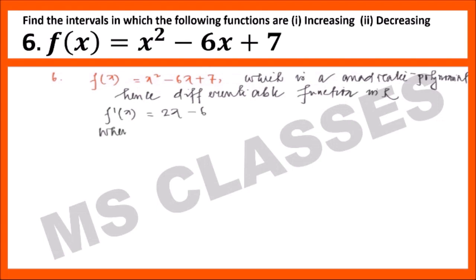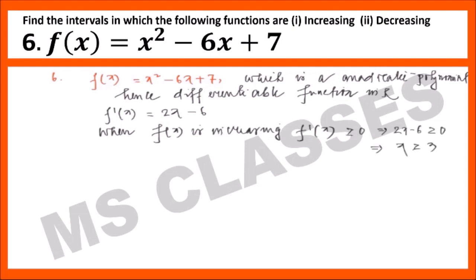When f(x) is increasing, f'(x) is greater than or equal to 0. 2x minus 6 greater than or equal to 0 implies x is greater than or equal to 3. So x belongs to [3, infinity) when the function is increasing.